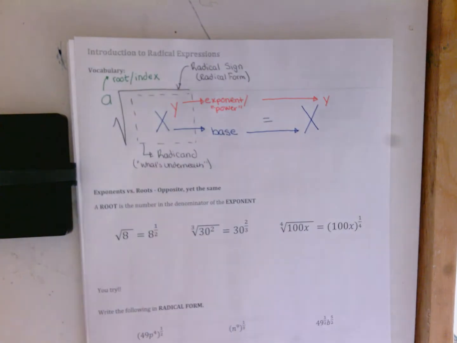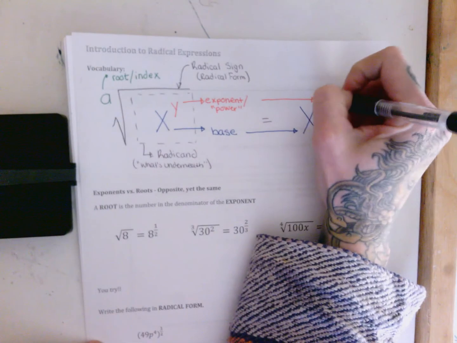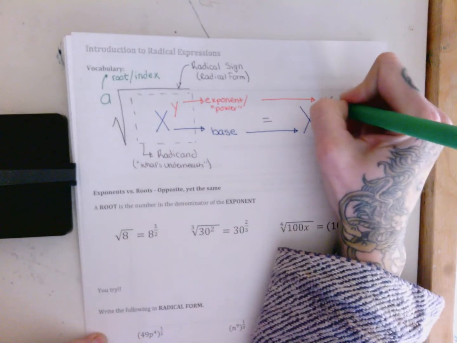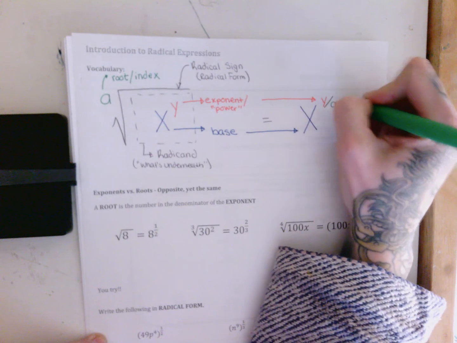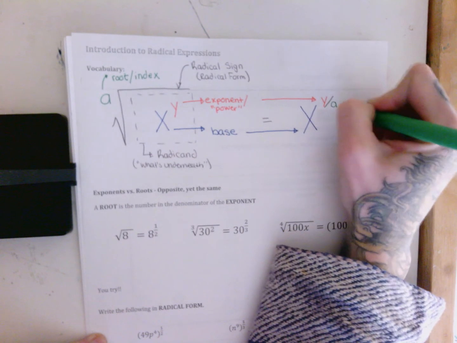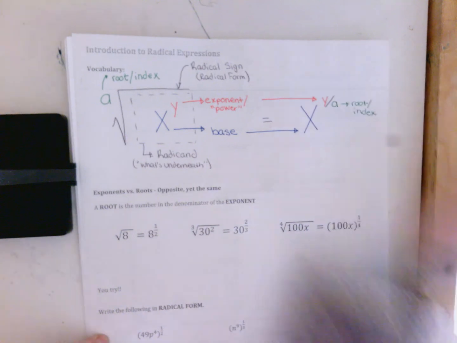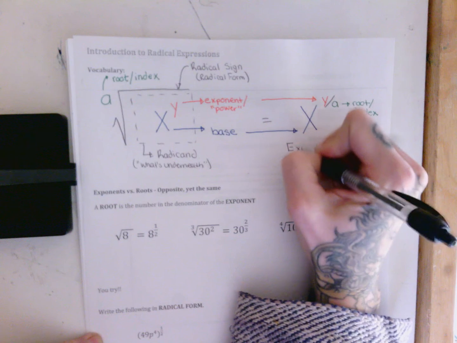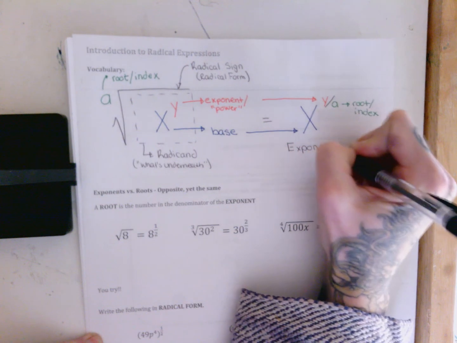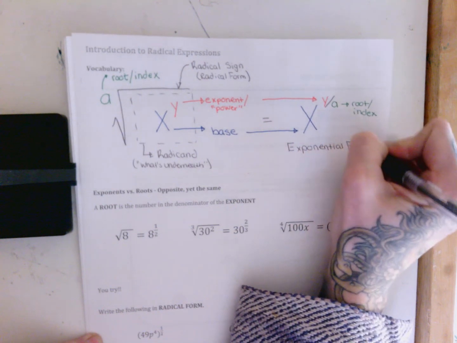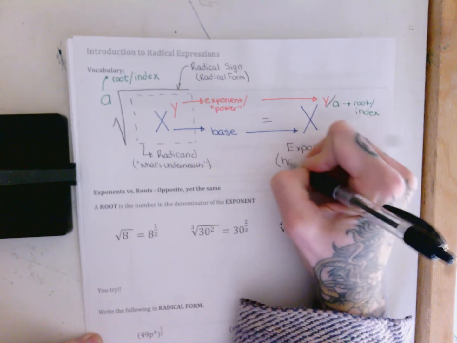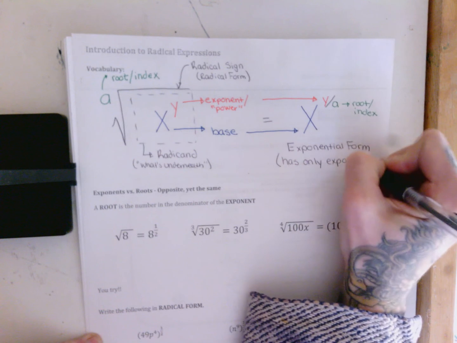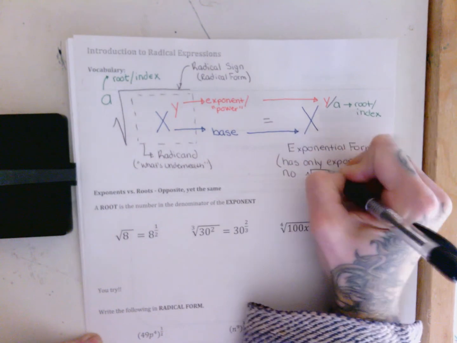Now in exponential form, we're going to say that the power is actually a fraction and the denominator is the root or index. Okay, so we know that this is in exponential form because it has only exponents. No radical signs.